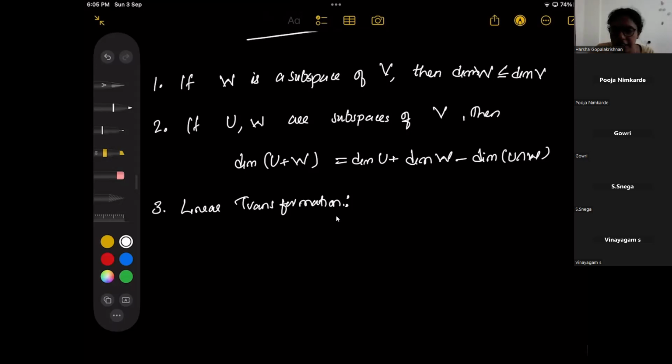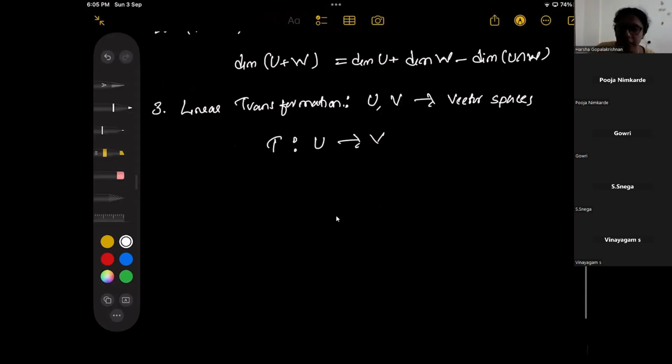Given two vector spaces U, V, a linear transformation is basically a map, T from U to V. It is a map from U to V, which satisfies some conditions. Can anyone say what are all the conditions for T to be a linear transformation?